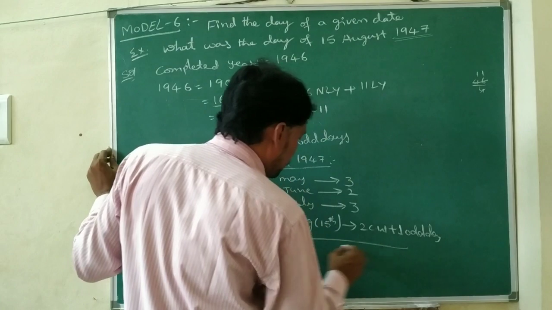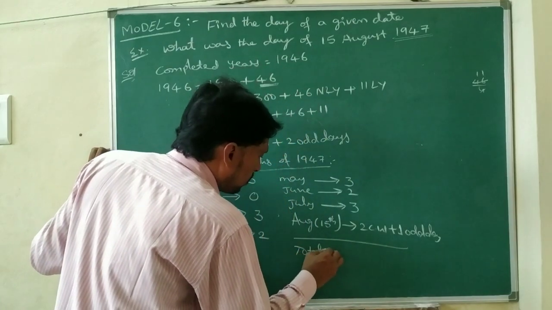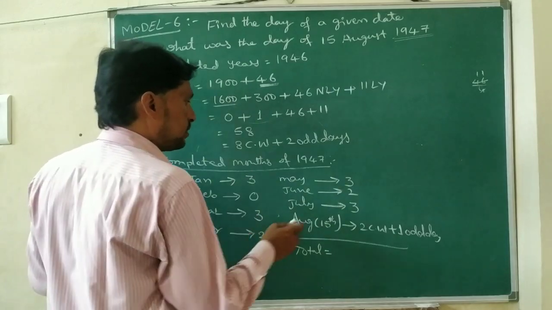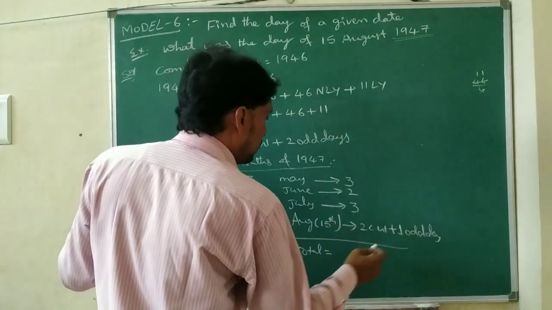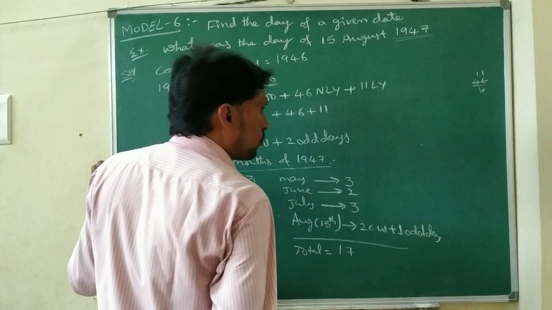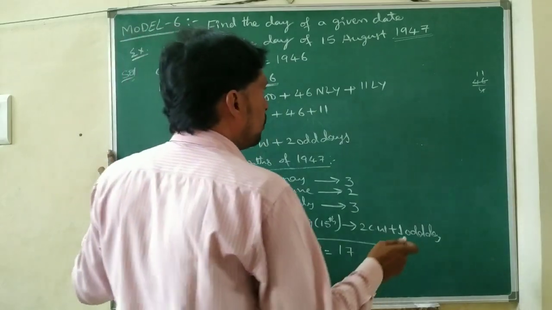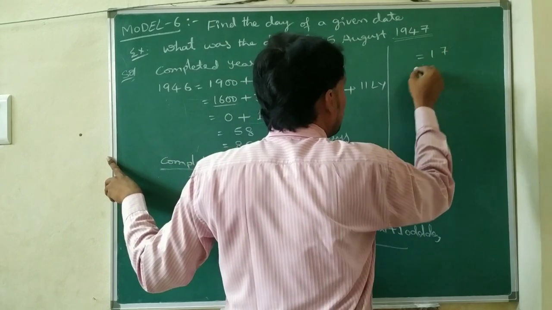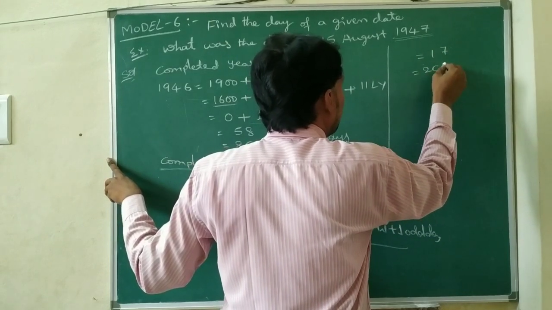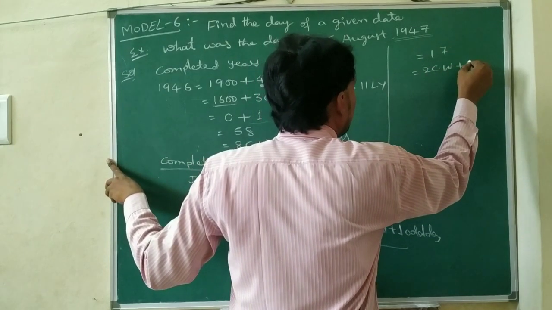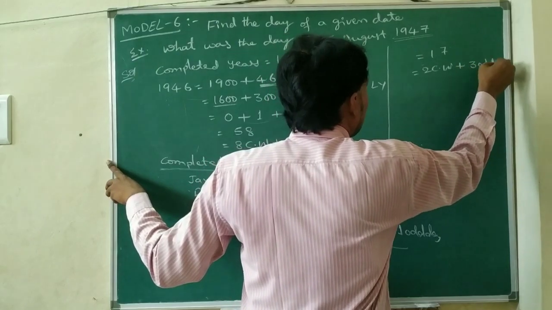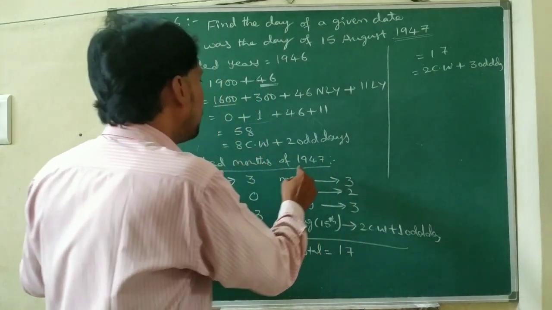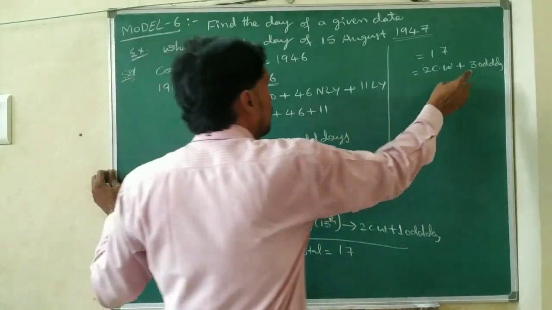So total we have to take 3 plus 3 plus 2, this is 8, and so on, 17 we are getting. So 17 we need to take to find the odd days. 17 means 2 complete weeks plus 3 odd days. So here we got the odd days of the completed months, which is 3.